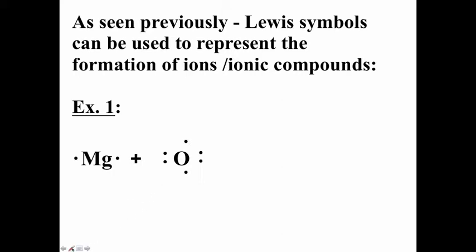And what can happen in the formation of a magnesium oxide compound is that one of the valence electrons from magnesium can fill the missing electron spot, in a sense, in the oxygen, which is going to become an oxide, and the other one can fill the other missing spot.